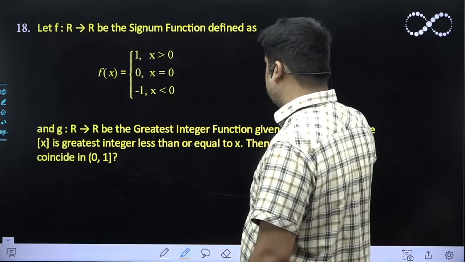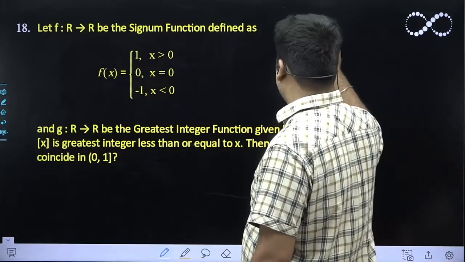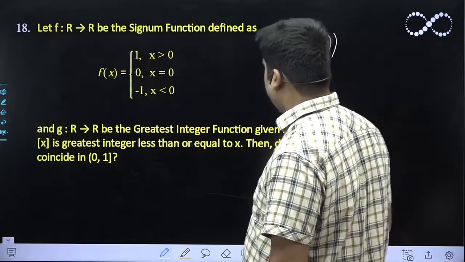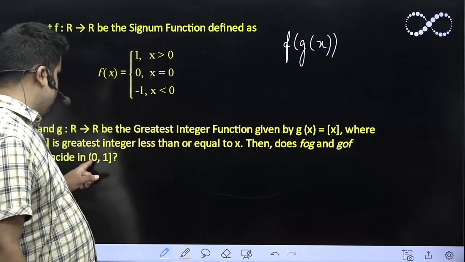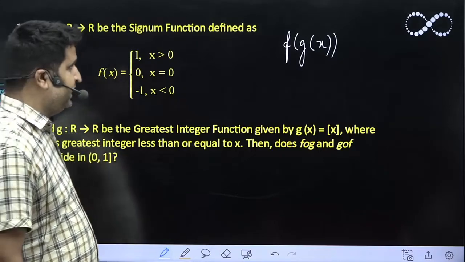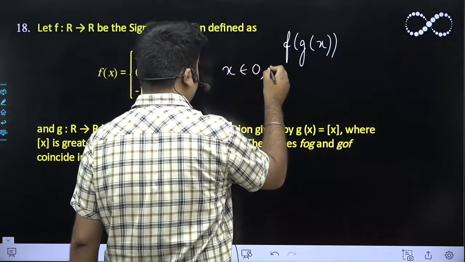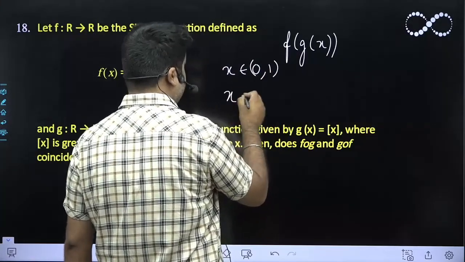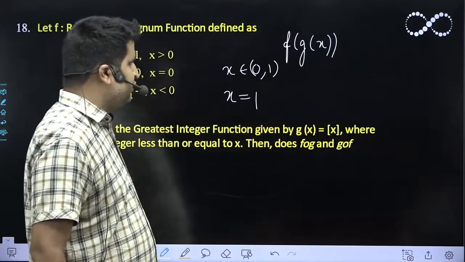So first let's check f of g of x. So if x lies in [0, 1], there will be two cases. The first case is x lies between 0 and 1, and the other case is x is equal to 1.